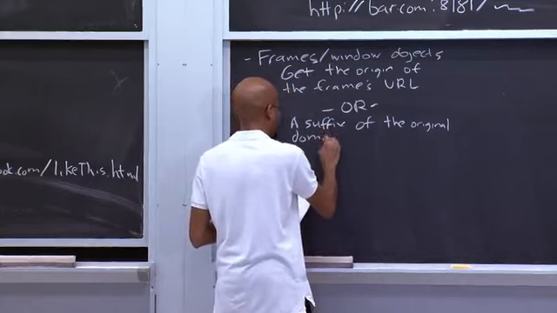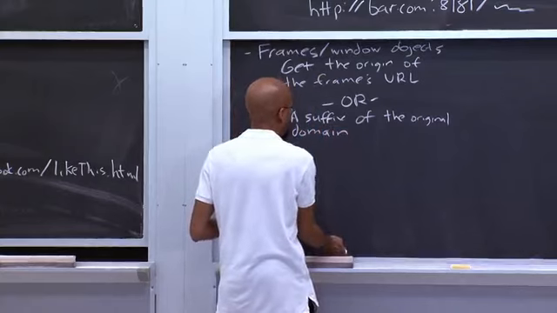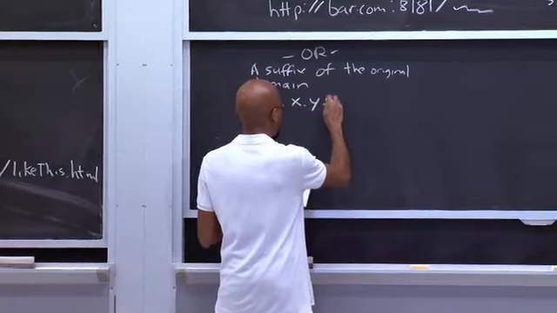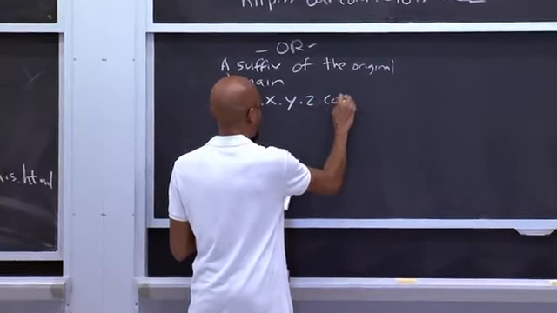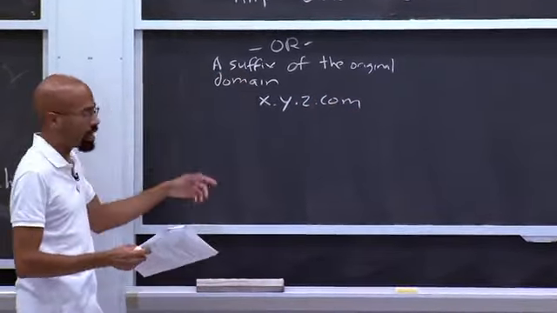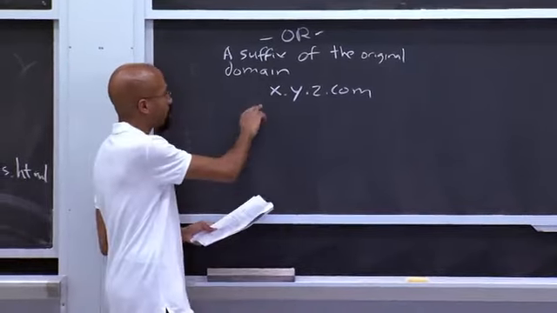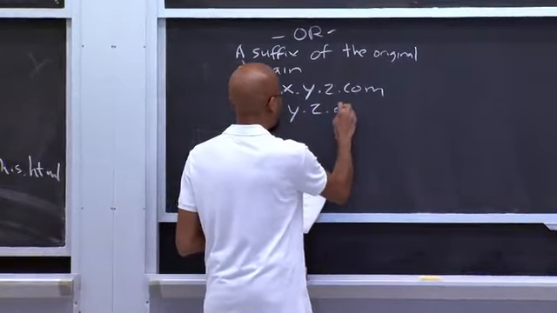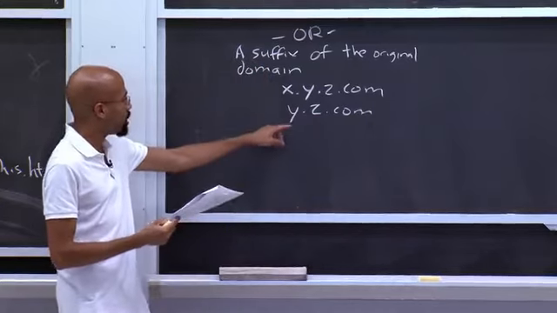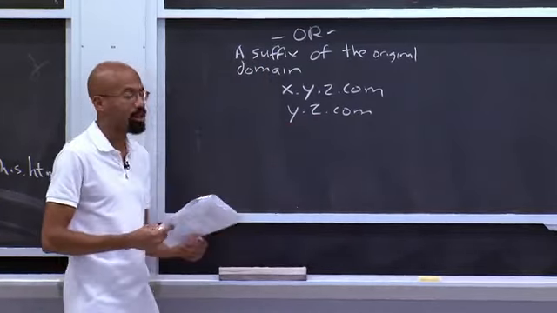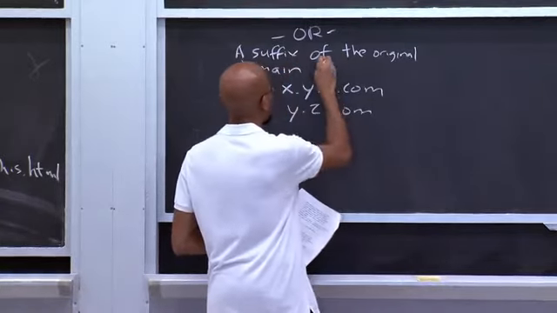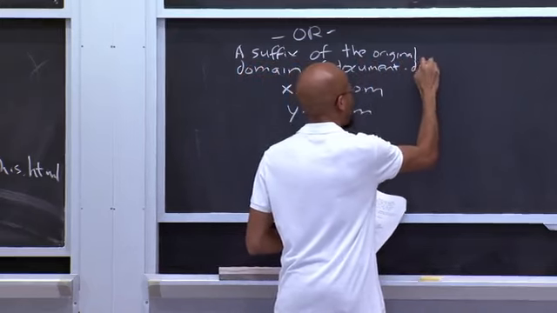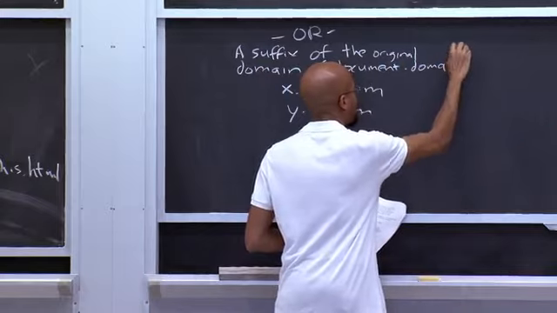So, for example, a frame could start off having an initial origin x.y.z.com. Let's ignore the scheme and the protocol for a second. So initially, the page could start off like this. It can then intentionally say, I want to set my origin to be y.z.com, a suffix of that. The way that it indicates this is by doing an assignment to the special document.domain value that's accessible via JavaScript.